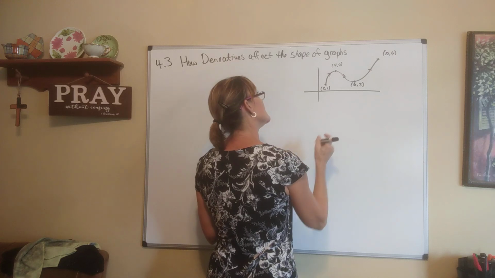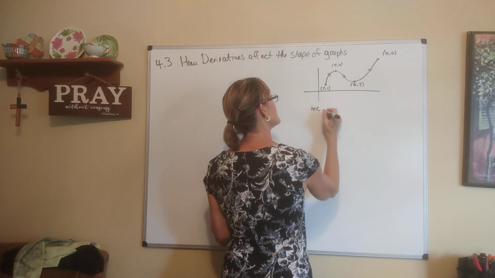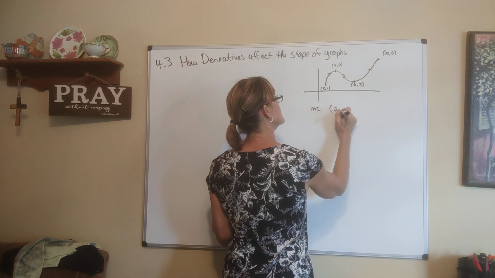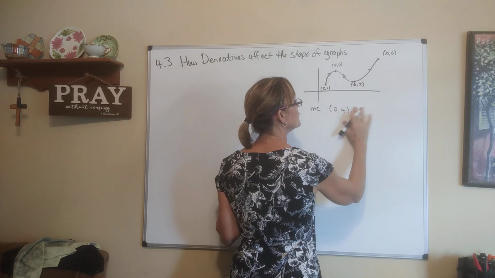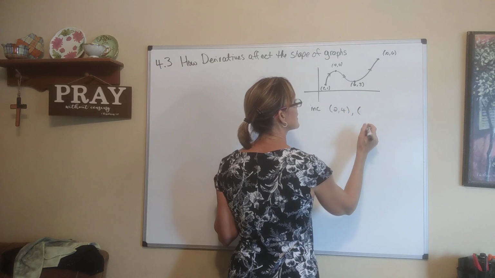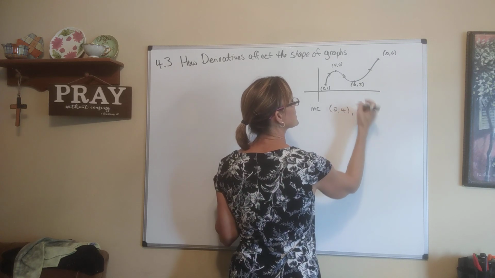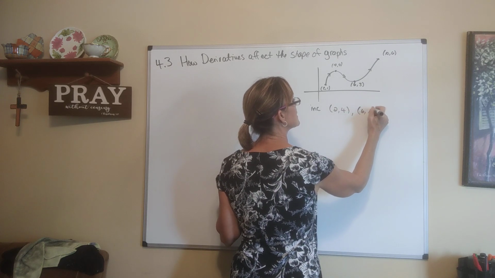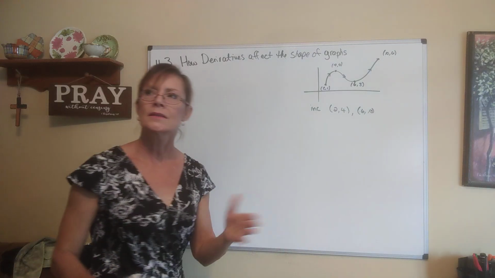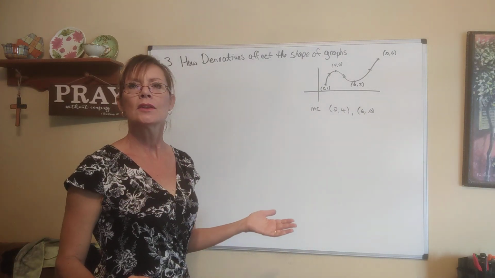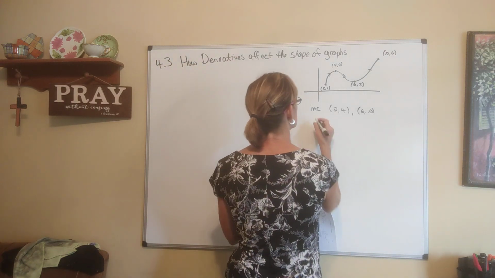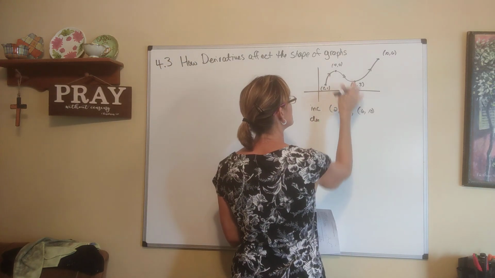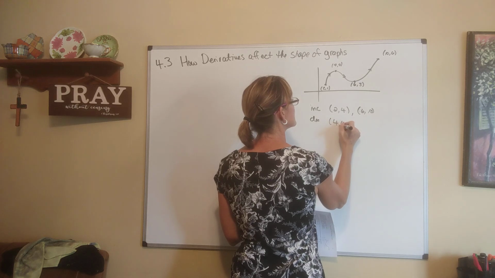So it's increasing from 2 to 4, and you could also just do a comma. It's also increasing from x is 6 to x is 10. When we're talking about where something increases and where something decreases, we always write down the x values. Where is this decreasing? He's going down from 4 to 6.